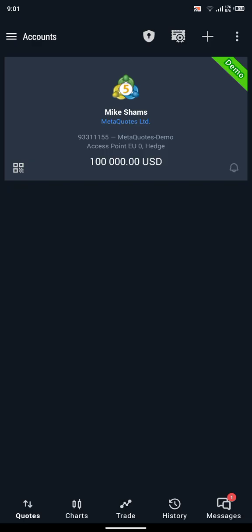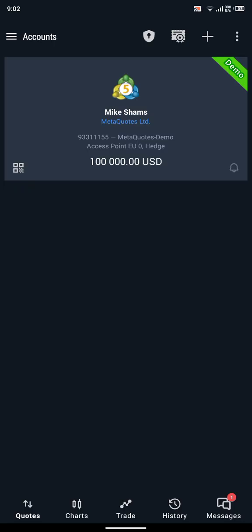The reason for a virtual account is that while beginners are still learning to trade, you don't necessarily need to use real money to trade. Since you are still prone to making mistakes, you can use a virtual account to practice. So that's the reason for a demo account. You can see it at this top right corner. You see demo. So this is signifying that this is a demo account, and I'm just using this as an example for this tutorial. So any of your accounts, this is where it's going to show.